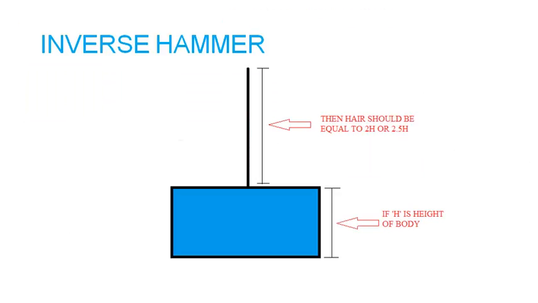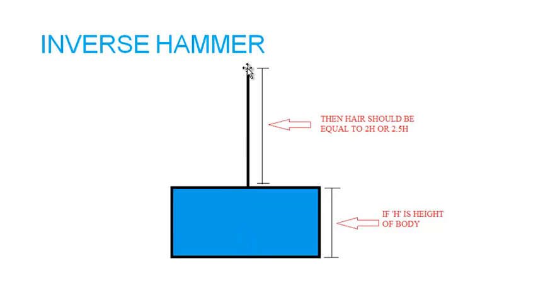So like the hammer, there is also another candle which is equally potent, or even more potent than the hammer, and it is called the inverse hammer. And the inverse hammer is also called a shooting star. Now this is the demographics of the inverse hammer. You have a real body, and it does not have a tail, but it has a long hair.